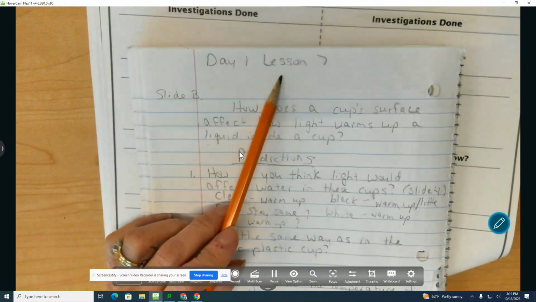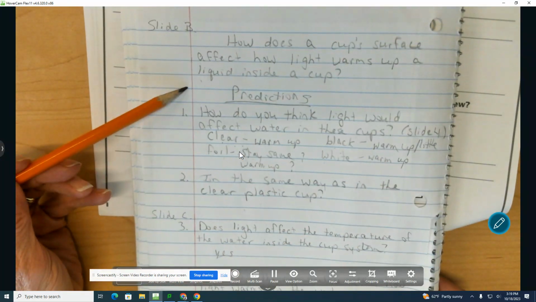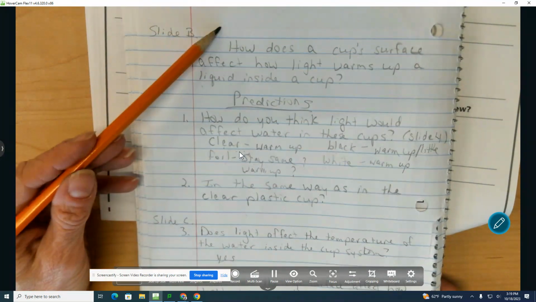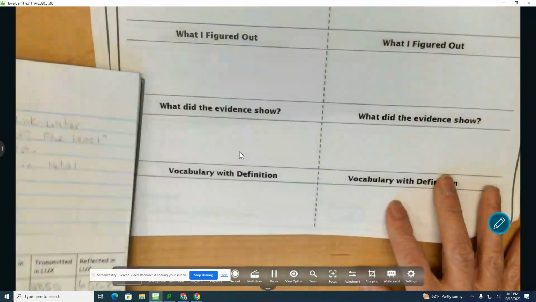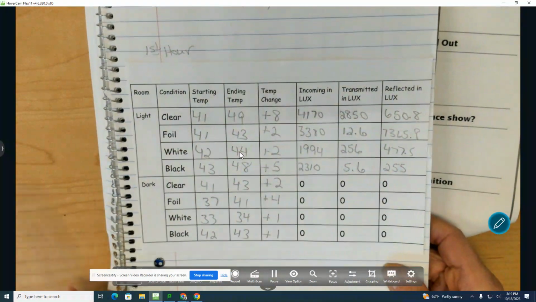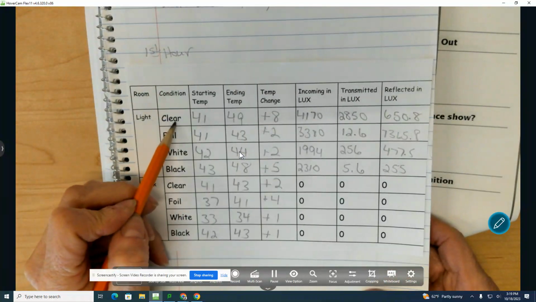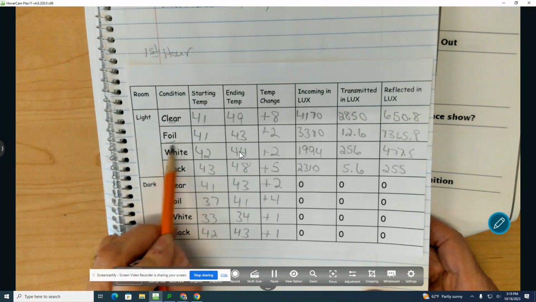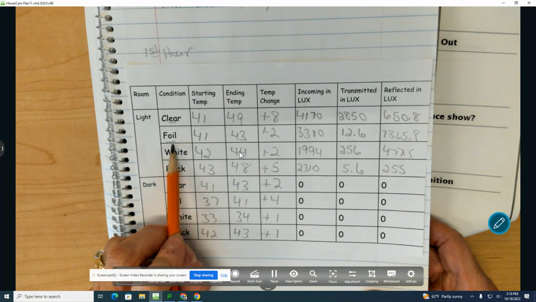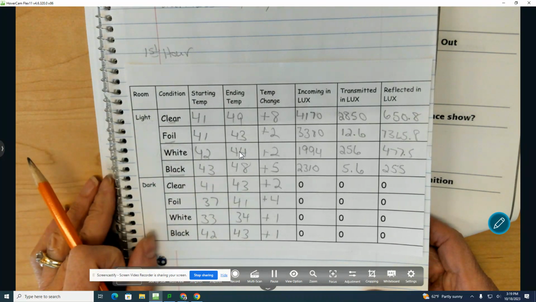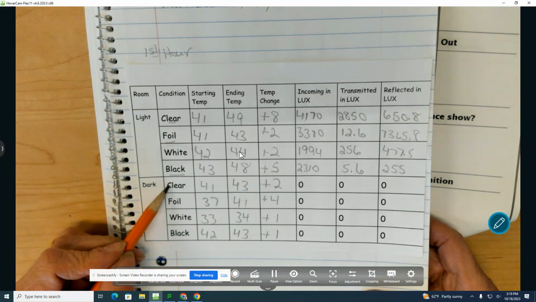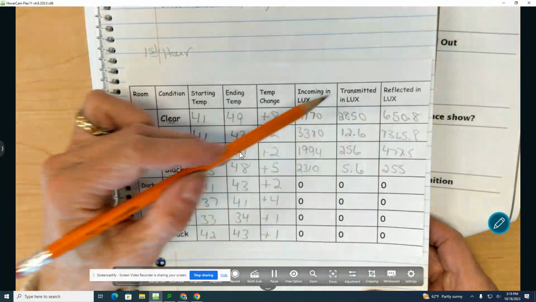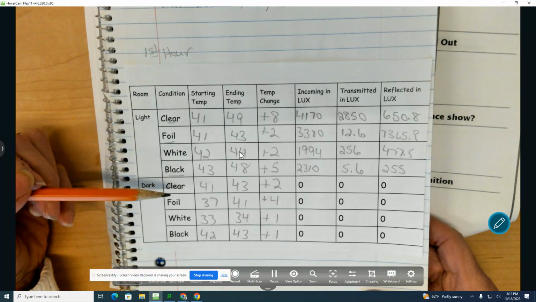That is the last lesson you're going to do for your progress tracker. And what did we learn from that? What did we learn about light? Here's your data. We learned a couple things. We learned something about the clear cup, something about the foil cup. We didn't learn much about the white cup. We're not really focusing on the white cup, but we did learn some interesting things about the black cup. Okay, and all of the light that affected those 3 cups.